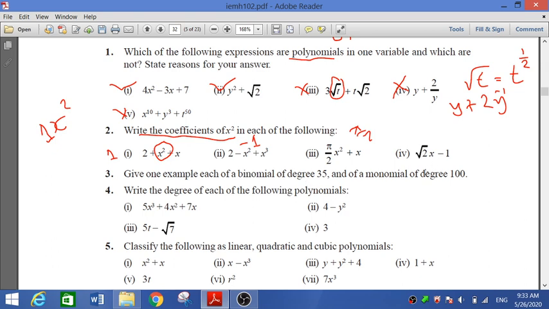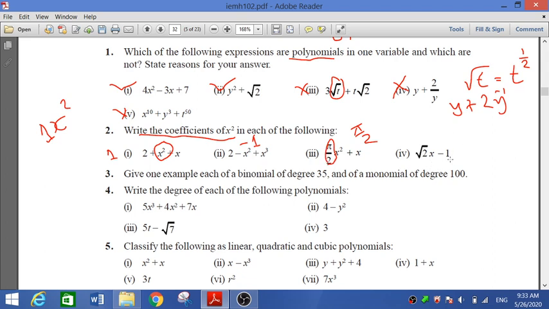Here root 2. Can we write root 2? No. Is there any x square term? No. Here there is no x square term. So in question 2, we have to write pi by 2. That is our answer.